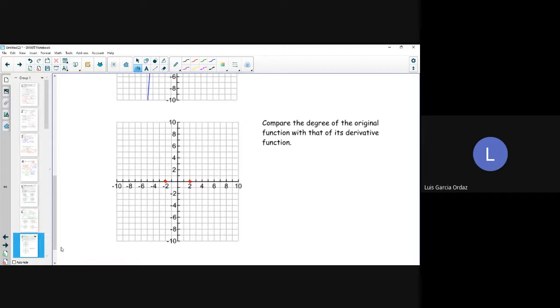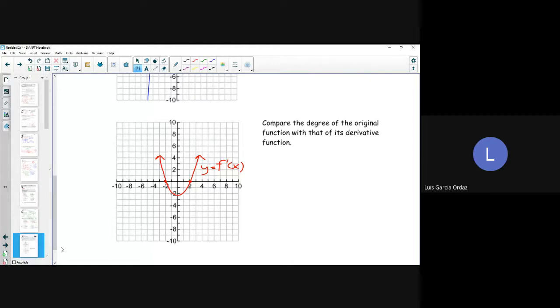Which means that we're going to have an upward opening parabola. So our derivative function is going to look like this. I'm just roughly sketching it. It's going to be a parabola that opens upwards. So this would be y is equal to f prime of x. Okay, so this is just a rough sketch, and that is what your derivative would look like.